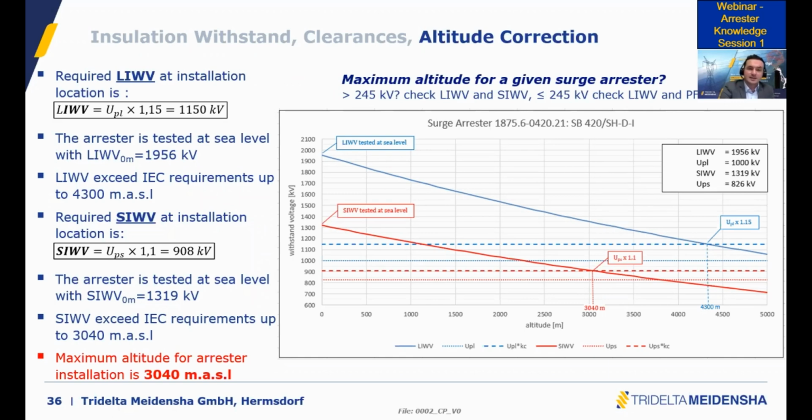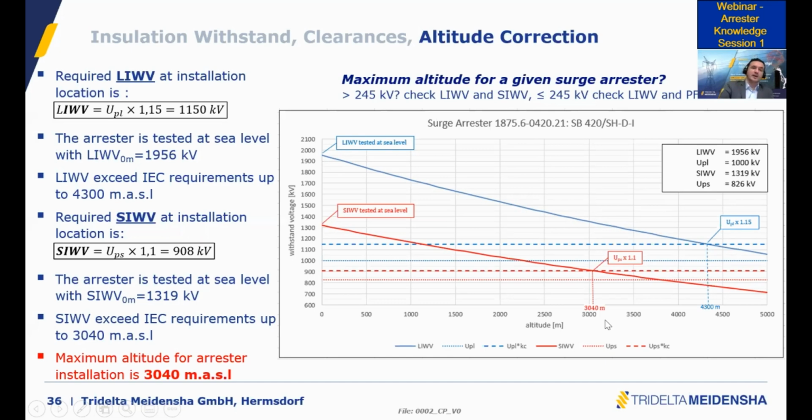And now you can see that by doing the calculation with the standard surge arrester, if you make the calculation with lightning, you can install the surge arrester up to 4,300 meters. And if you look at the switching, you can install it at 3,040 meters.